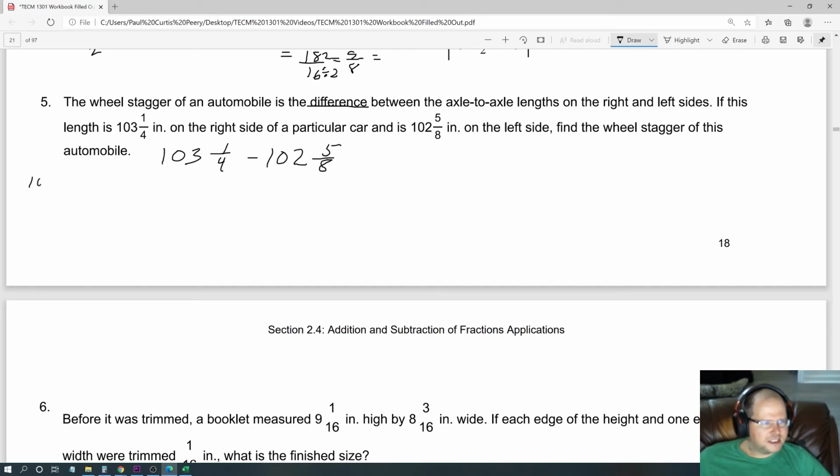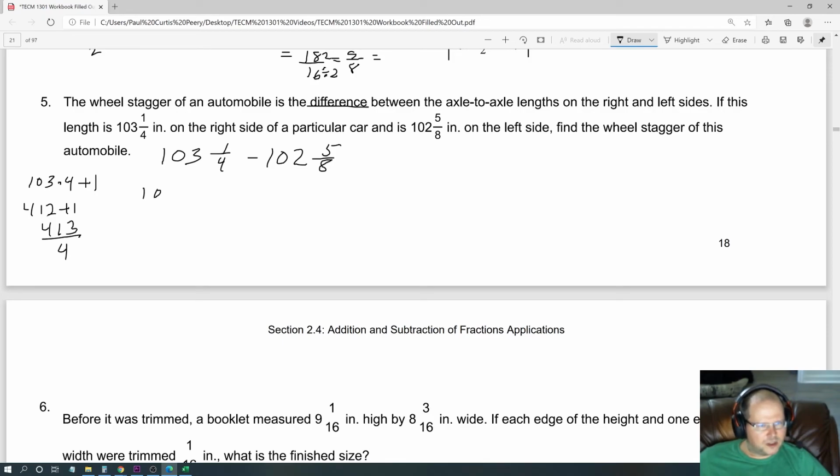Okay, so we're going to say something like 103 times 4 plus 1. 103 times 4 looks like that's 412, plus 1, which is 413 over the original denominator of 4. Got the first one.